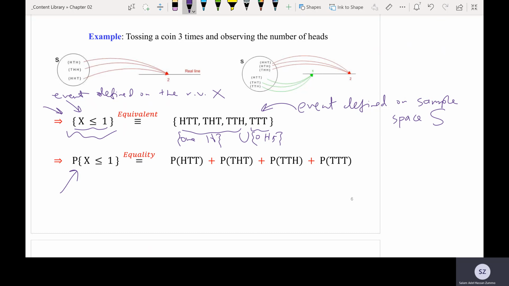So what is the probability that X is less than or equal to 1? It is equal to the sum of the probabilities of the corresponding elements, because they are mutually exclusive. This is equal to the probability of 1 head union 0 heads, right?